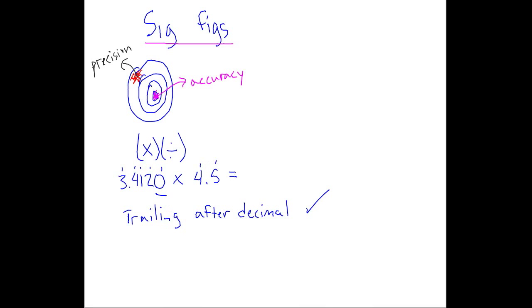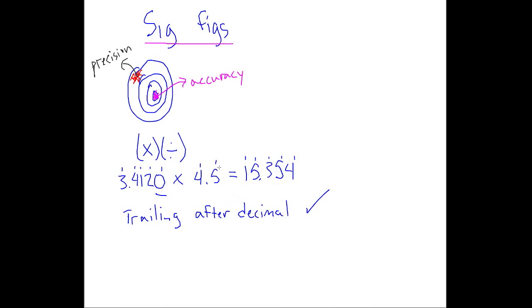So if you plug this into your calculator, 3.412 times 4.5, you get an answer of 15.354. Now, plugging it into your calculator, it will give you 5 sig figs. Your calculator doesn't know anything about significant figures.